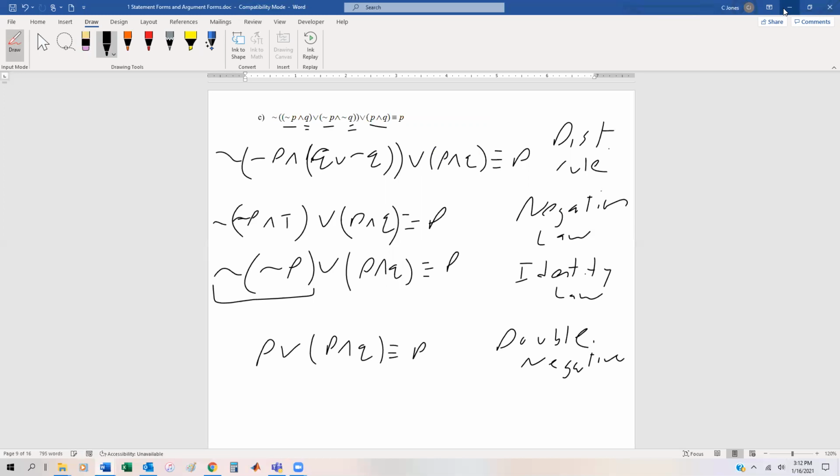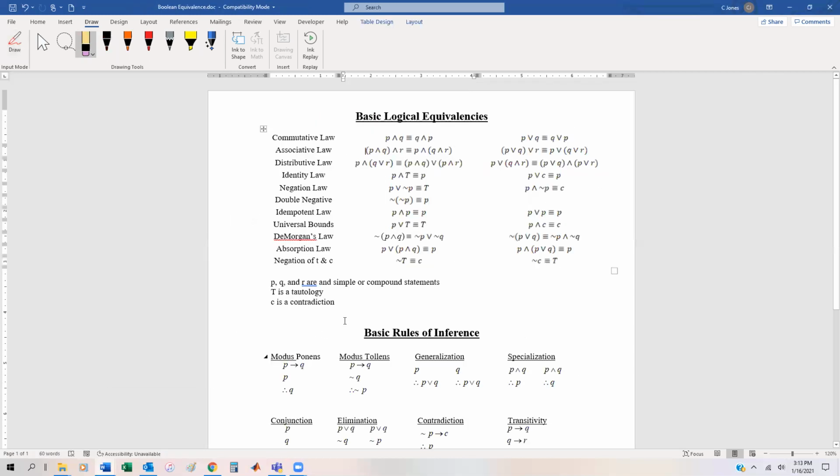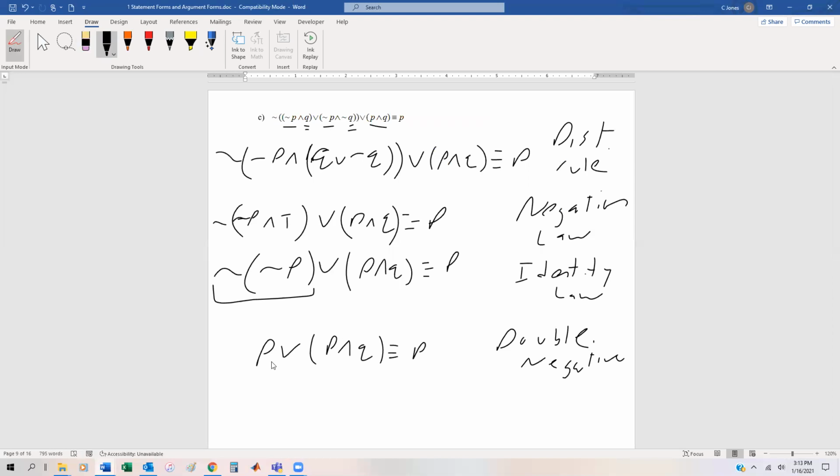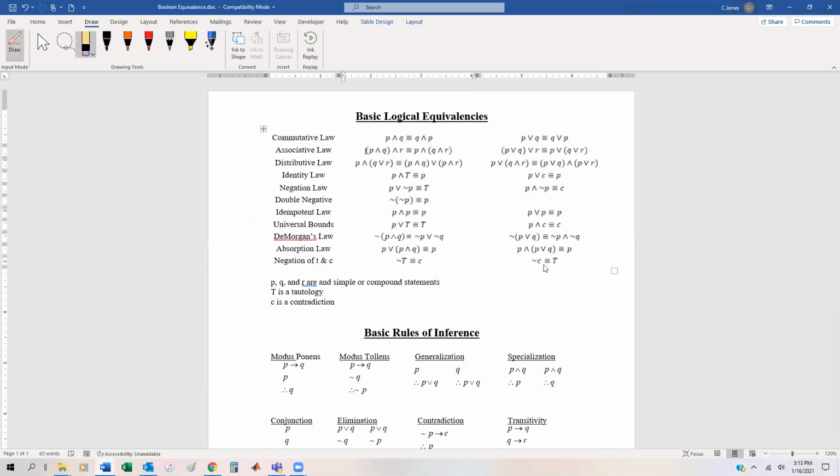And then let's see if there's something that has the pattern P or P and Q. So we need an or and an and in succession with the parentheses. So we're looking for this pattern. So we go down here. So we have an or, an and. So we have P and P or Q, and that's equal to P. And we go back here, we have P or P and Q. And remember, that is equal to P. All right, so just check that out.